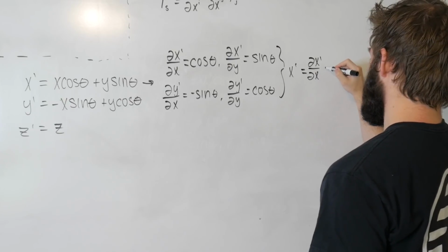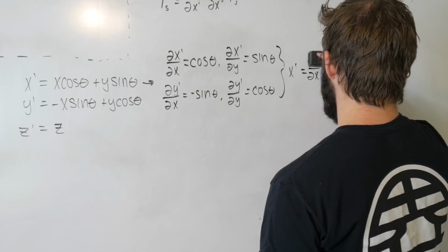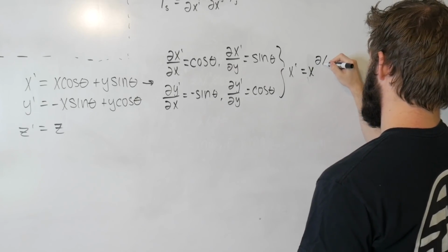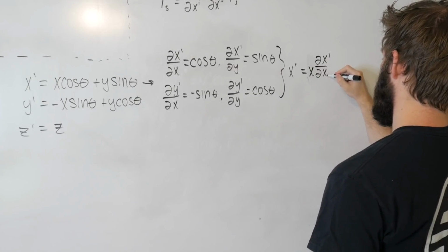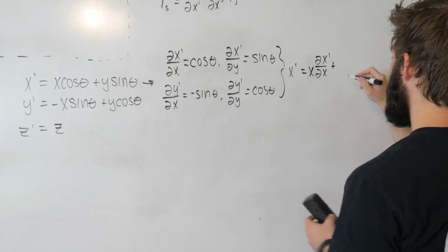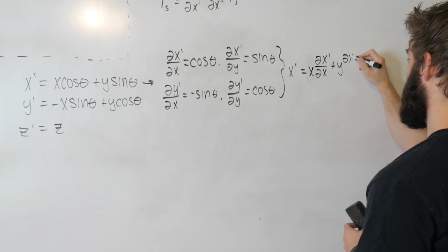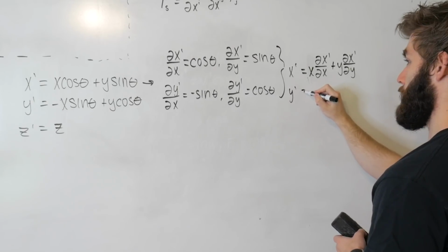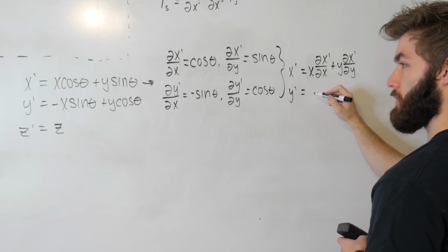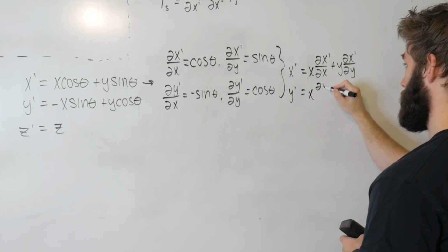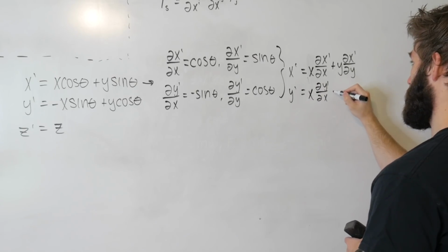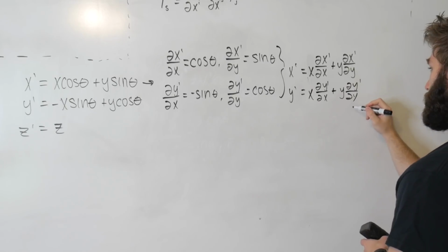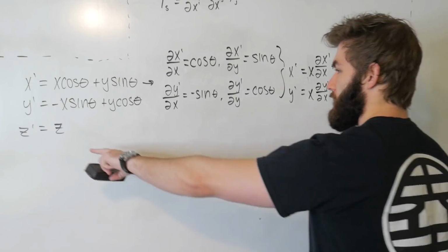Let me write x first, plus y dx prime dy. y prime is equal to, let's say, x dy prime dx plus y dy prime dy. And then that just goes to 0.